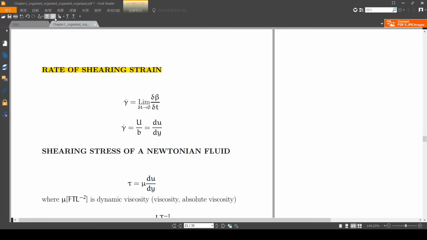Therefore we put delta beta divided by delta t, and because we want the time increment to be very small, we put a limit here. If the velocity profile is linear, we get this relationship. If it is not, then it simply looks like this: we want to know the velocity change along the y-axis.